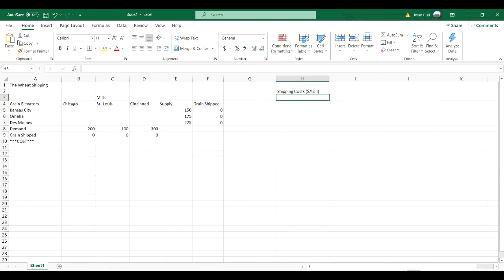So here we're replicating what we did before. Those are our mills, and here are our grain elevators.